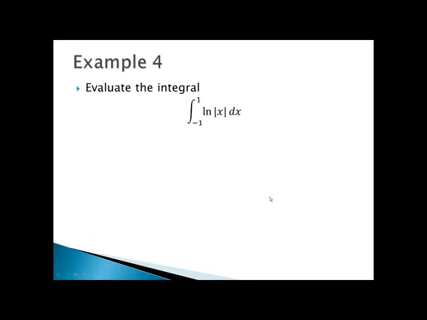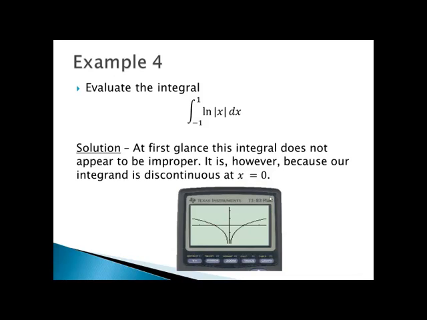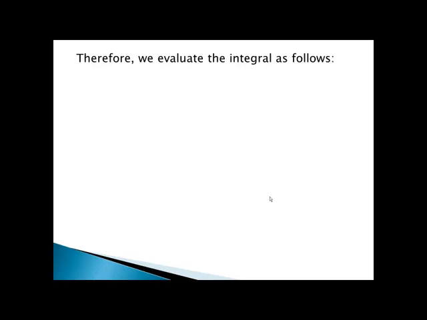In this last example, I'm asked to evaluate the integral from negative 1 to 1 of the natural log of the absolute value of x with respect to x. At first glance, this integral does not appear to be improper. It is, however, because the integrand is discontinuous at x equals 0. Therefore, we'll evaluate the integral as follows.